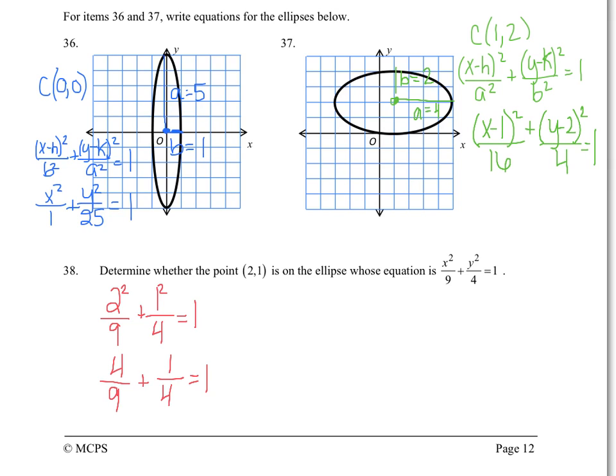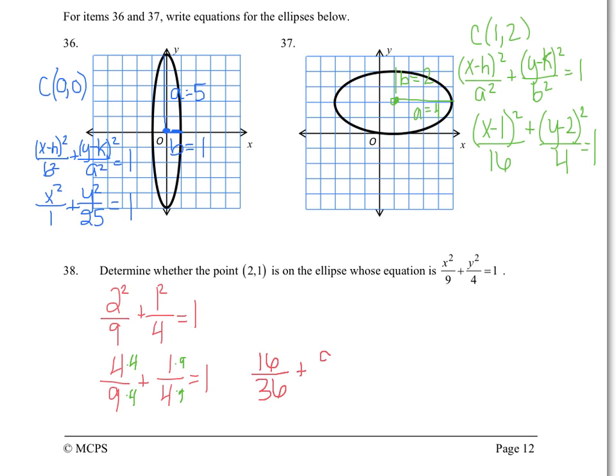In order to add fractions, we need to have the same denominator. So to get the same denominator, I'm going to multiply my first fraction by 4 over 4 because I'm really multiplying by 1. And I'm going to multiply my second fraction by 9 over 9, which is really me multiplying by 1. So 4 times 4 is 16. 9 times 4 is 36.